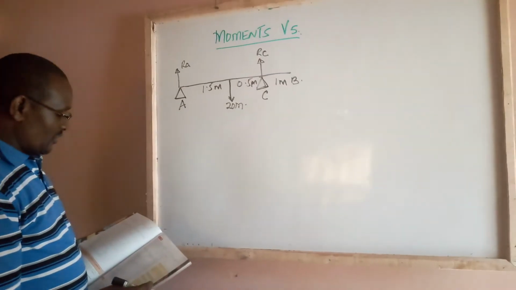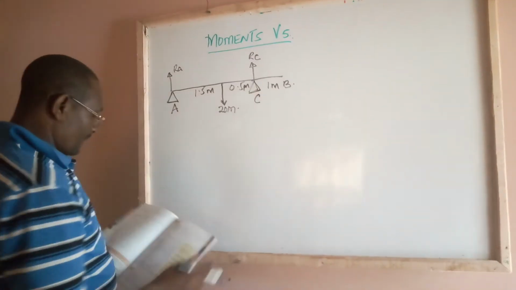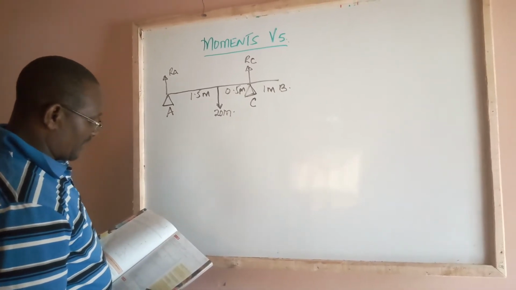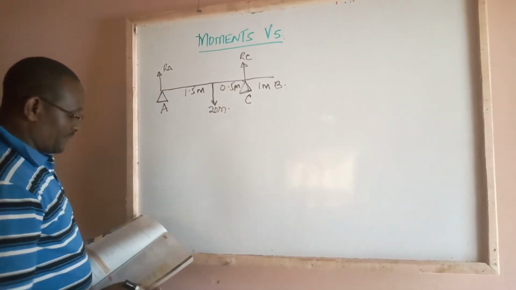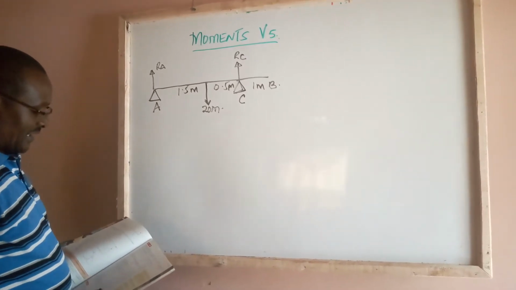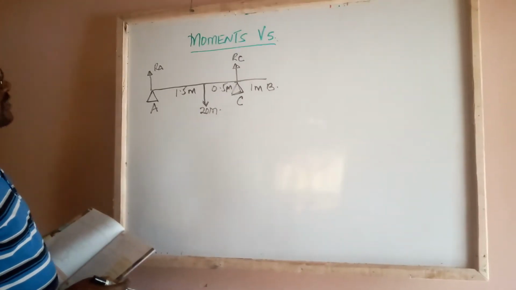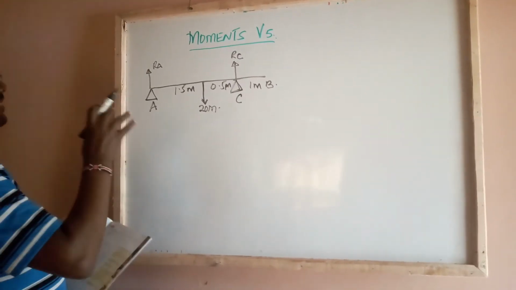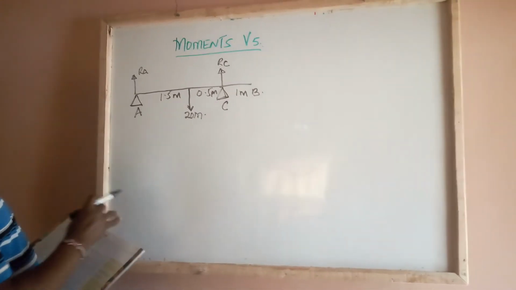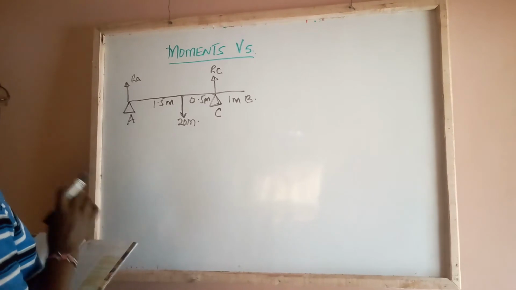The diagram shows a uniform rod AB of length 3 meters and a weight of 20 newtons resting on the rod. And that rod is being supported at point A and point C. We can see the diagram.